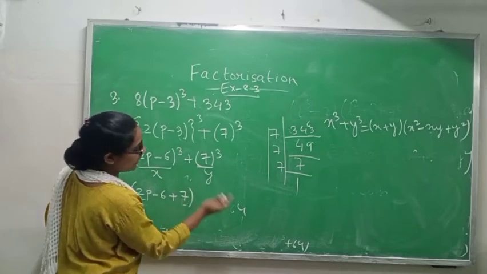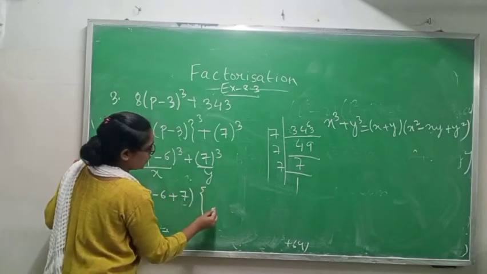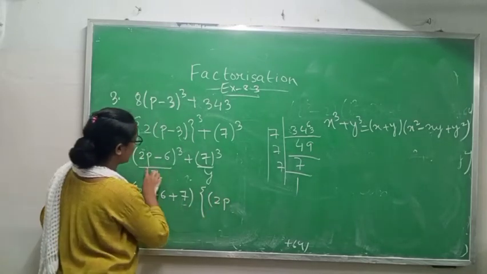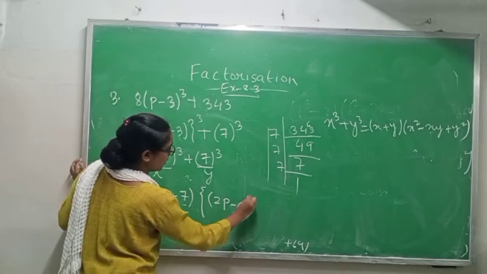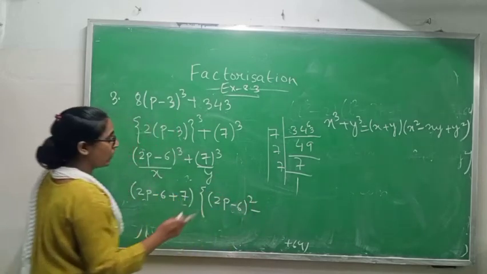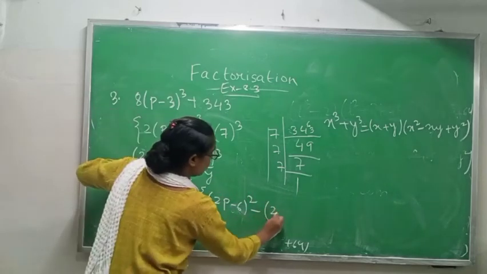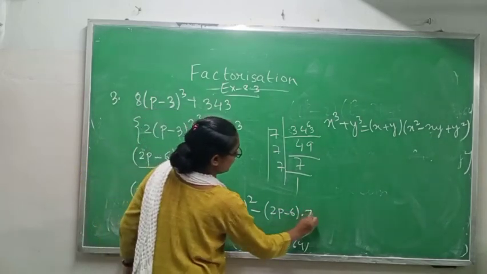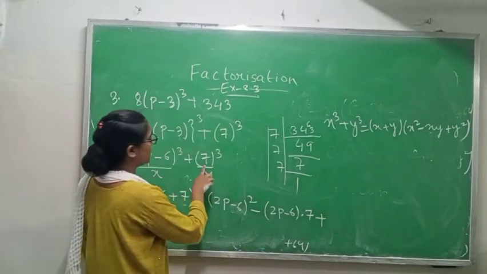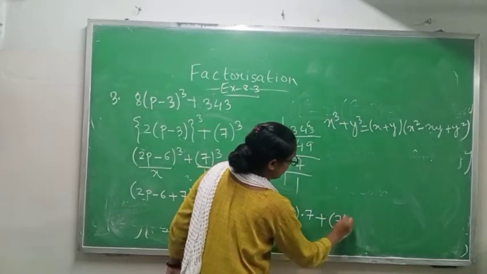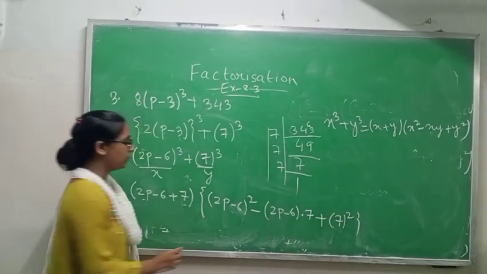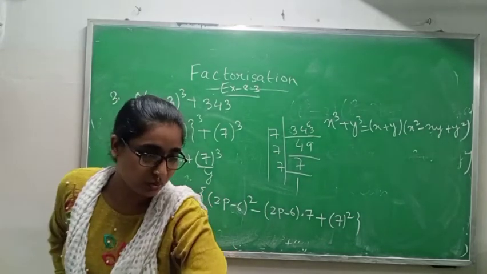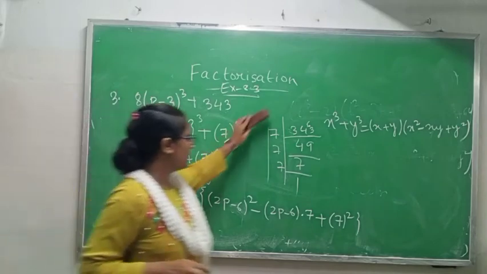Okay, then x square means 2p minus 6 whole square, because our x is 2p minus 6, minus xy, x is 2p minus 6 and y is 7, plus y square means 7 square. Okay, since we have second bracket, first bracket, that is why I am giving second bracket. Okay, so that you will not get confused which one we are doing.